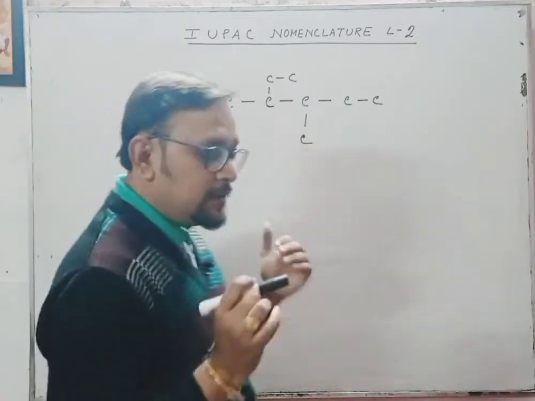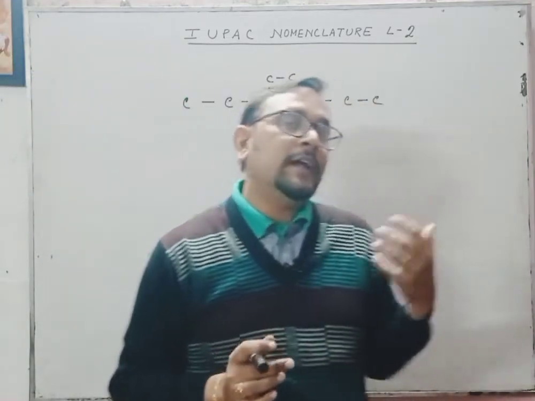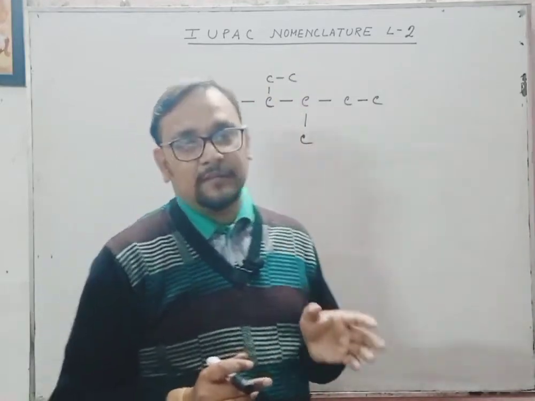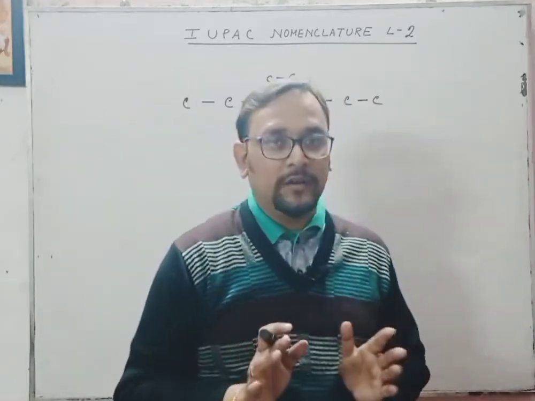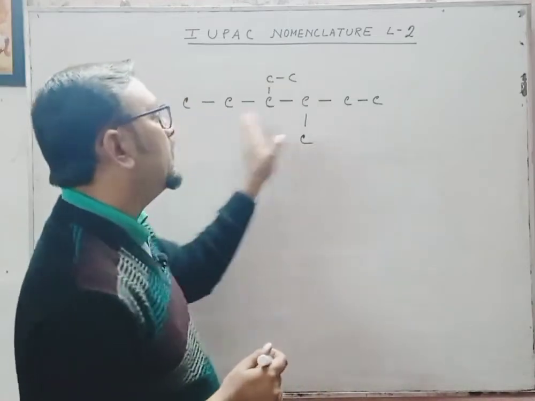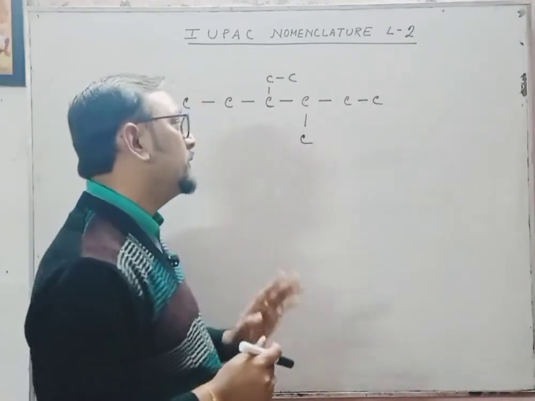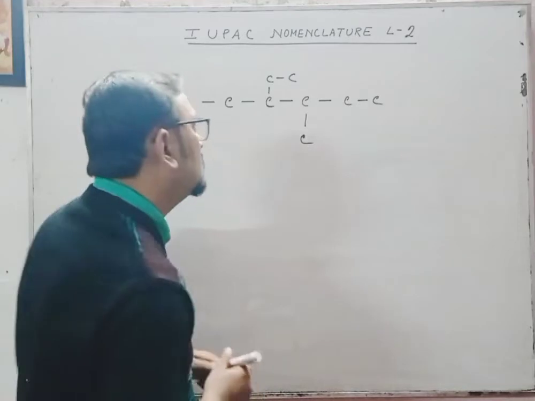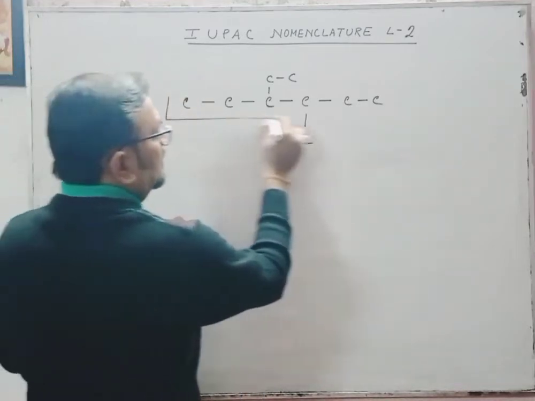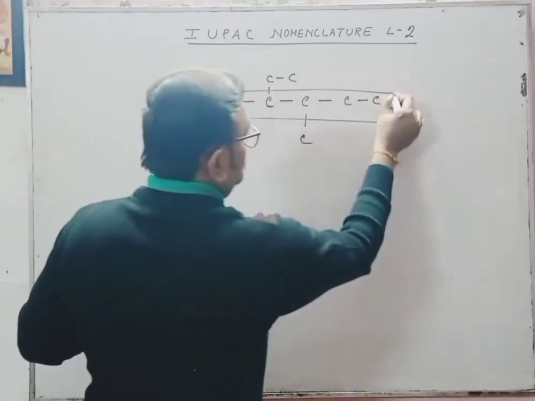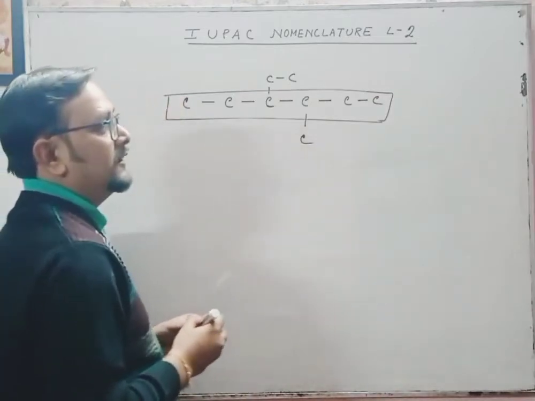So in this compound we get 6 as the maximum number of carbons in the longest chain. Whichever way you go, you get 6 carbons in the longest chain. So I am taking this.